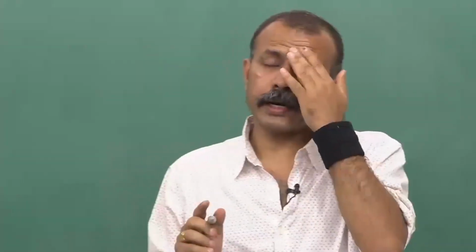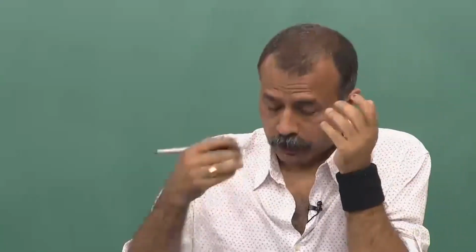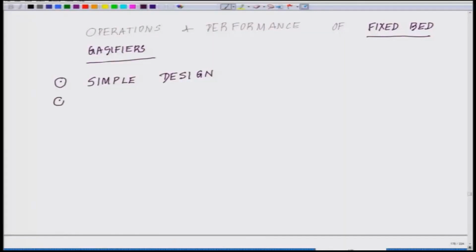It is a very simple design, easy to develop, easy to work with, and easy to do a lot of research on, as well as for the production unit. This is the first property. Second, these fixed bed gasifiers generally give you a low calorific value of gas, the downward arrow, and a higher concentration of tar, the upward arrow.